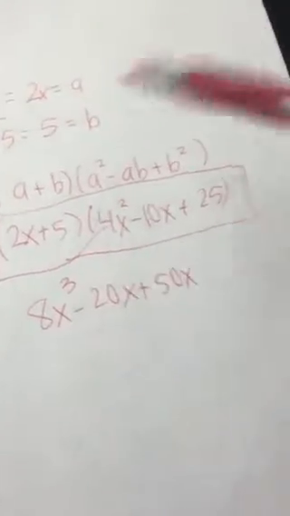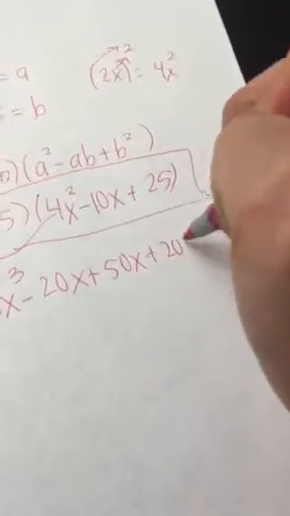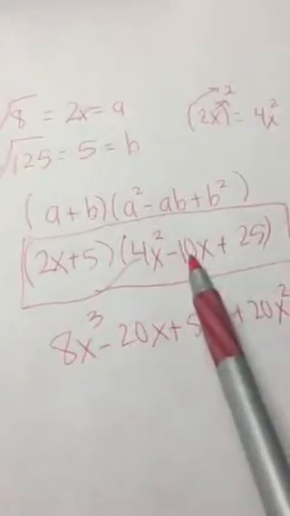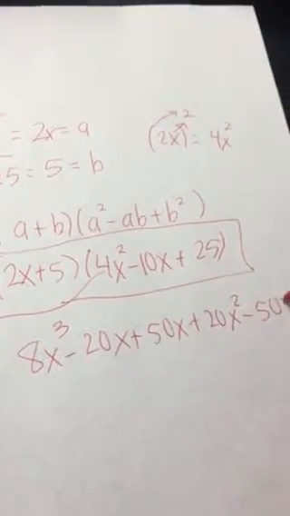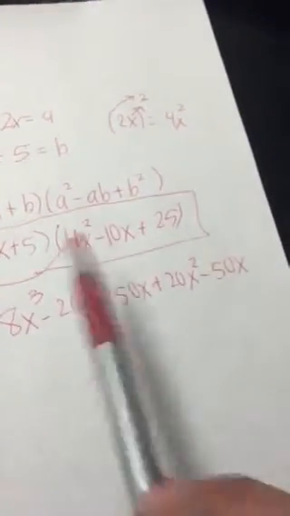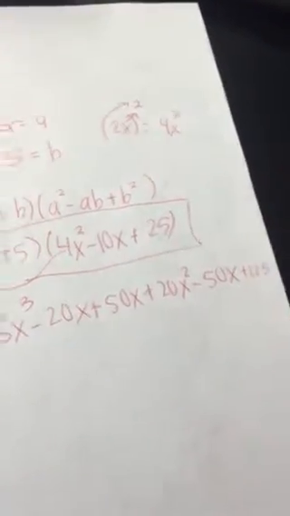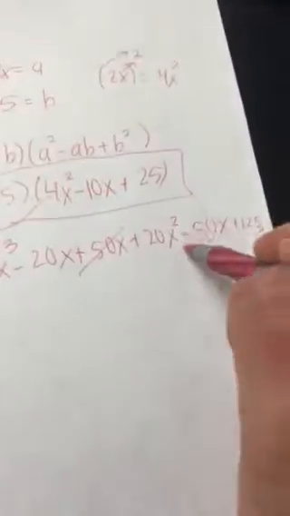So 5 times 4 is 20x squared. 5 times negative 10 is negative 50x. And 5 times 25 is 125.